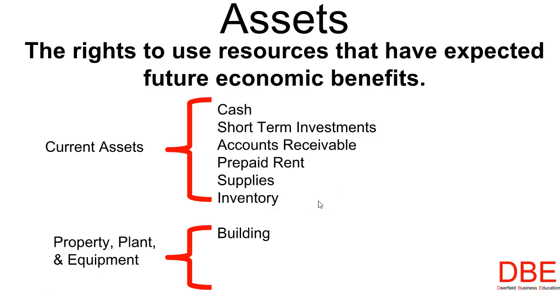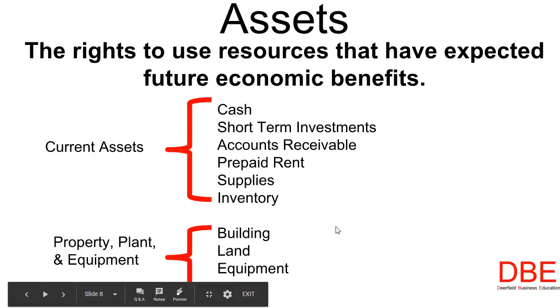All right, let's look at the long-term assets. The long-term assets are property, plant, and equipment. The most common one you'll see on a lot of companies is the building account. When we buy a factory, we have the building and then we have the land. We break apart the value of the land and the building, and those accounts are treated separately.